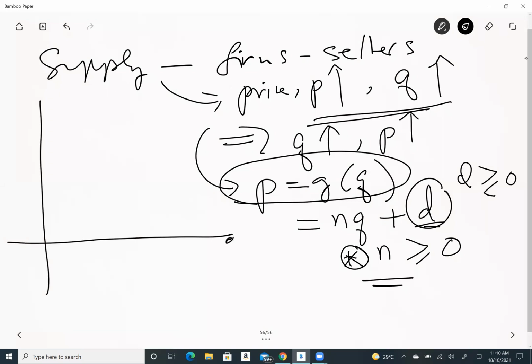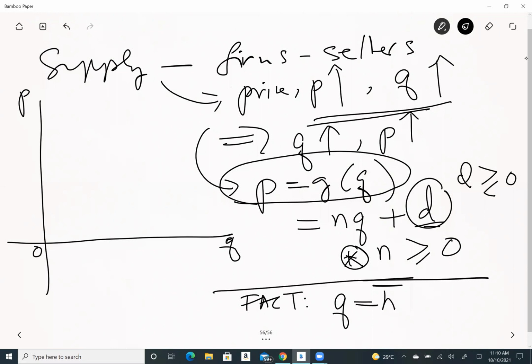You draw Q on the horizontal axis and P on the vertical axis, because we specify P as a function of Q. Having said that, like I said earlier, we can also write the supply function as Q as a function of P. This is perfectly okay, because when the price goes up, quantity goes up.